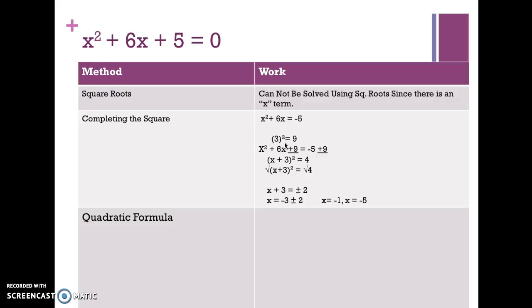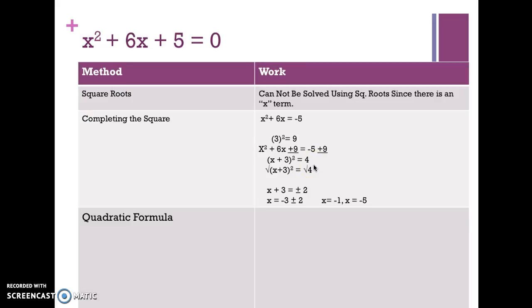When we factor x squared plus 6x plus 9, we get x plus 3, and we can just square that because it's the same factors. Now we take the square root of both sides, and we're left with x plus 3, and the square root of 4 is plus or minus 2.